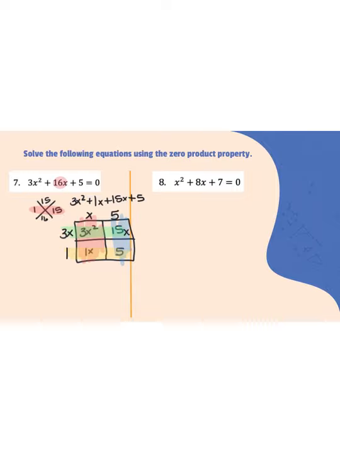So I'm going to rewrite x plus 5. Oops, I'm not sure what happened there. Try that again. x plus 5 and 3x plus 1 equals 0.